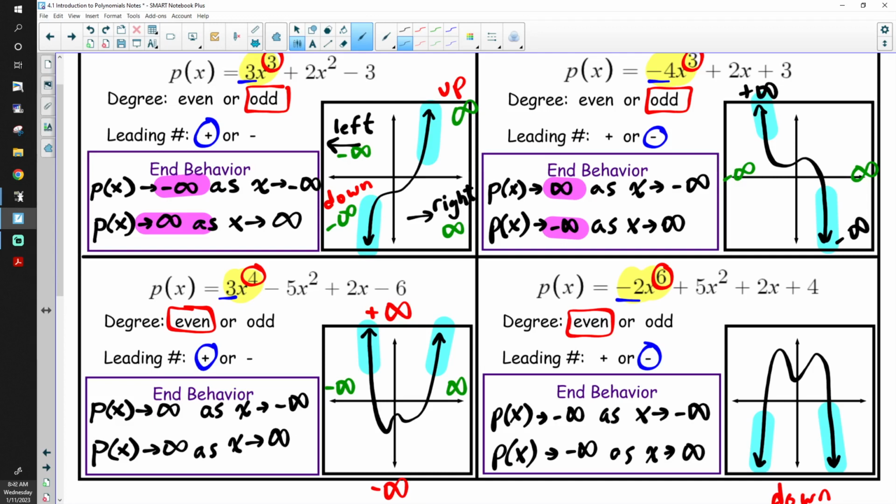So this is like a cheat sheet. If it's odd and negative, it will always have this. It doesn't matter how long the polynomial is or how crazy it looks. If the degree is even and the number in front is positive, your graph will always point up on both ends. Okay? So those are our four little possibilities.